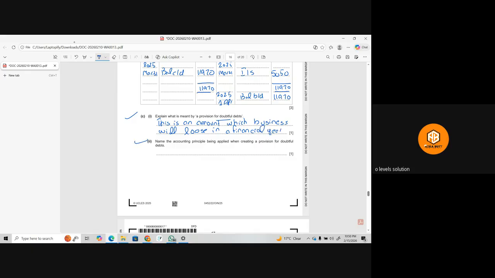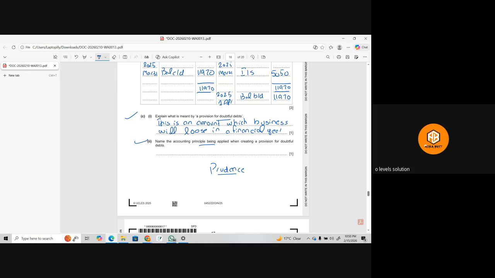Then they are saying, name the accounting principle being applied when creating a provision. Okay, so remember that there is a concept called prudence. This concept says that you should not record your income until it is realized, and you should deduct anticipated losses.